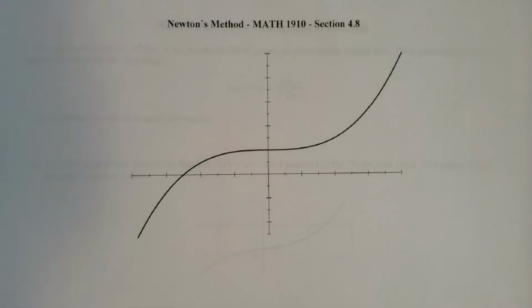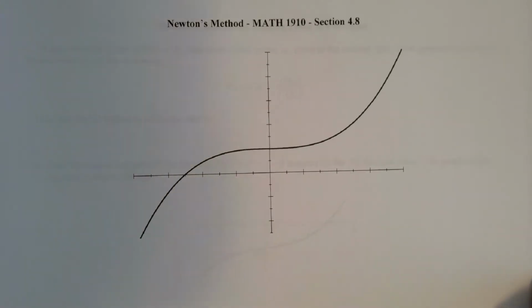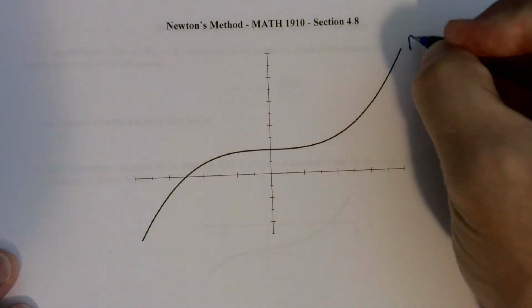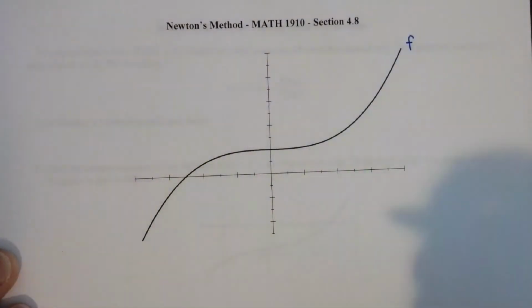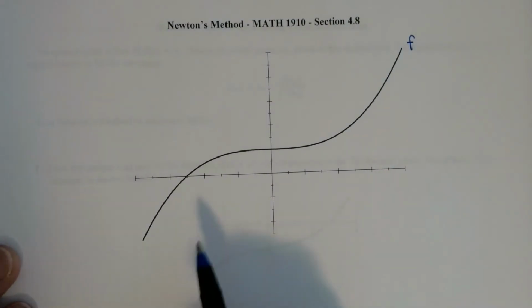Newton's method, though, is a little bit faster convergence, and it's really the beginning of a whole set of other so-called iterative methods to help us estimate solutions to equations and roots of functions. So let's suppose this is the graph of the function f, and I'm trying to find the zero, or the root of that, right?